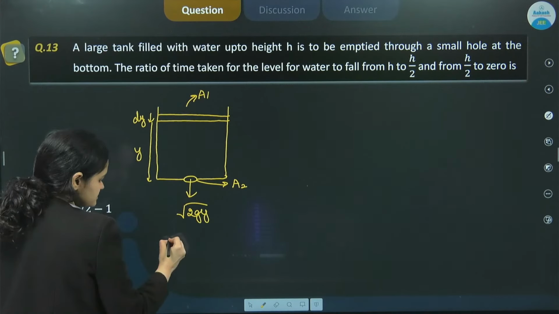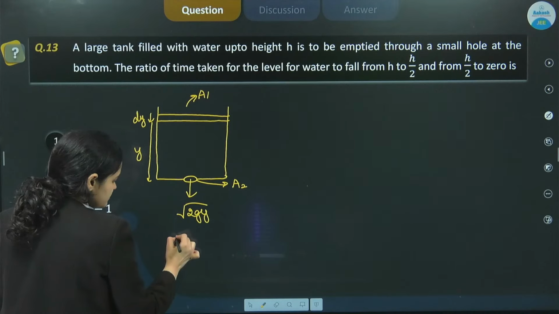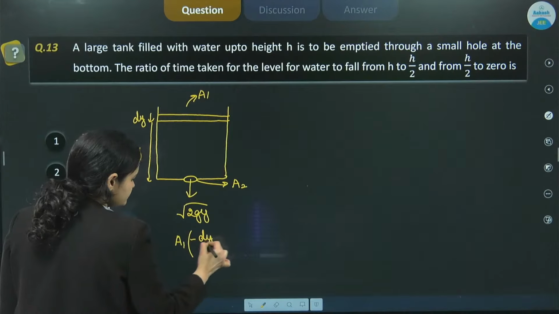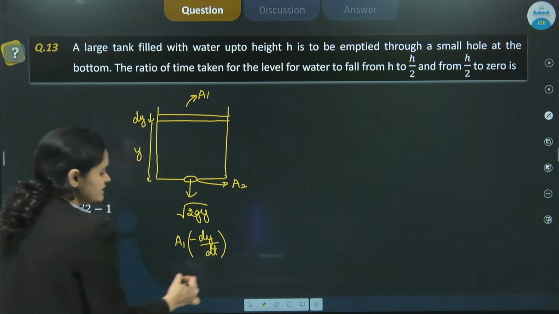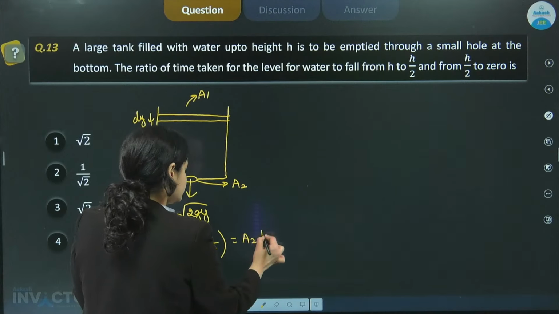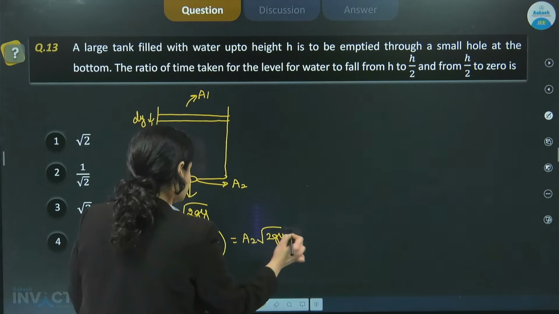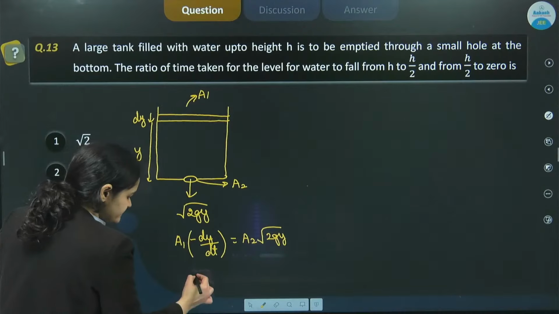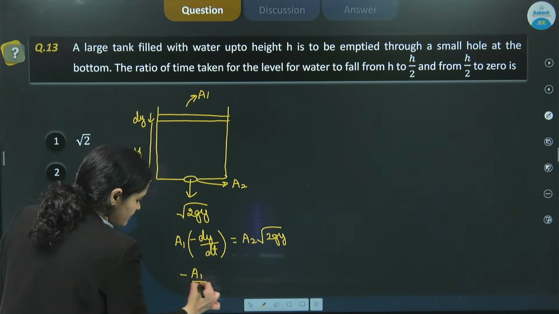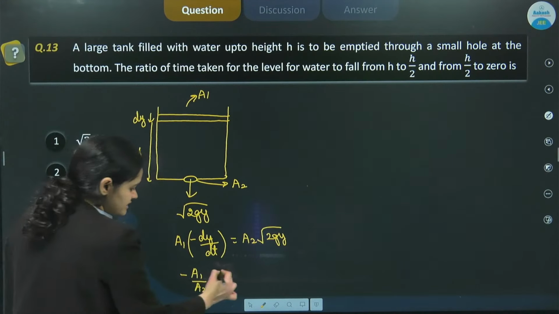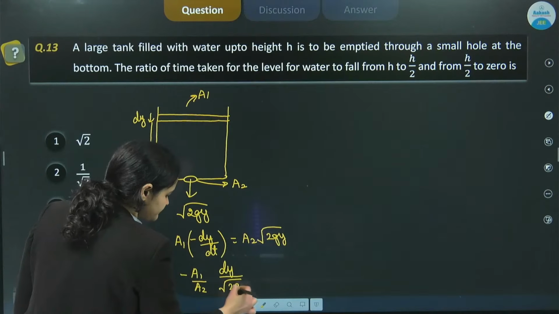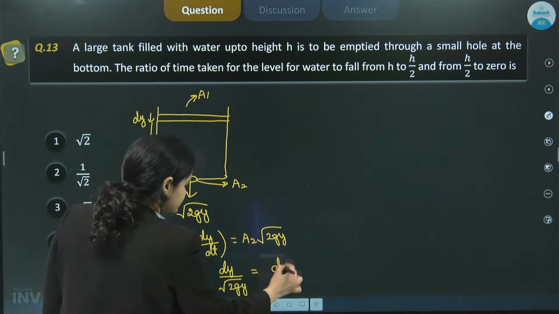So I can write in this equation, I can write a1 into minus dy by dt. I'm applying equation of continuity, which is going to be a2 into root 2 gy. All right. So with the help of this, we are getting an equation which is minus a1 by a2. All right. This is dy divided by root 2 gy is going to be dt.